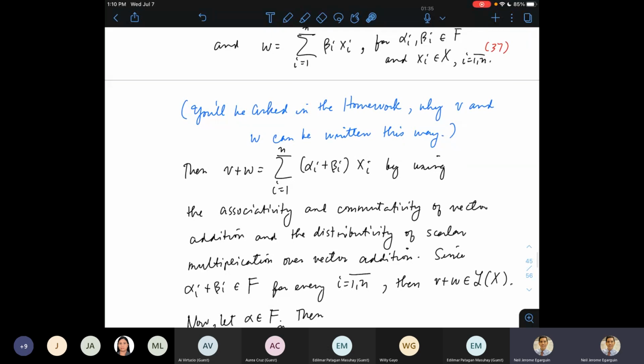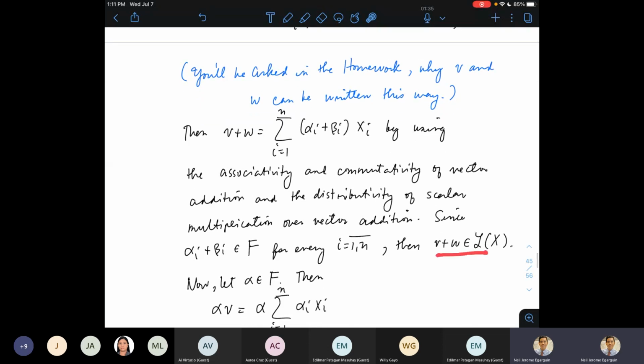And then using associativity and commutativity will tell us that this is another linear combination of elements of X. Exactly the same elements, x1 until xn, we used to generate V and W, but the scalars now for V plus W would be the sum of the scalars we used for V and W respectively. All right? So that means V plus W is in curly L of X.